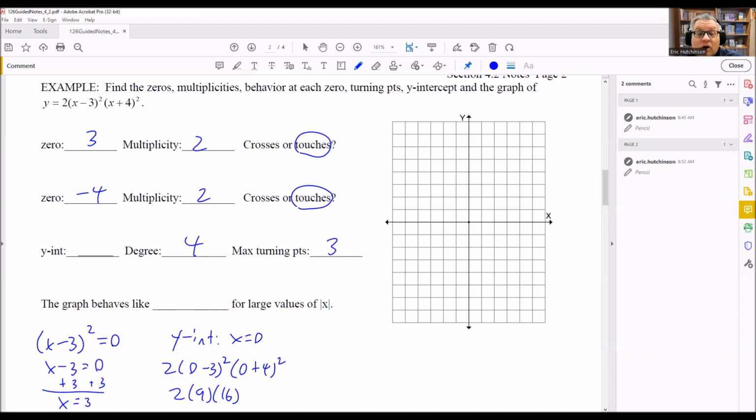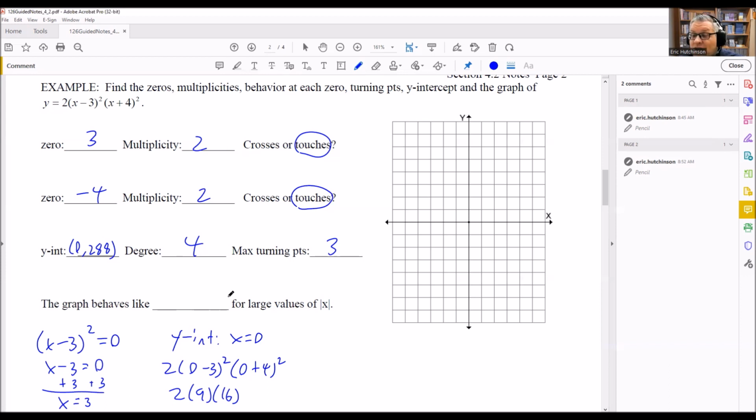By doing all that, that's going to give you 288. So we'll put that down here. I'll put (0, 288) because now it's a coordinate, and that'll be one of the coordinates on our graph that we'll do in a little bit.